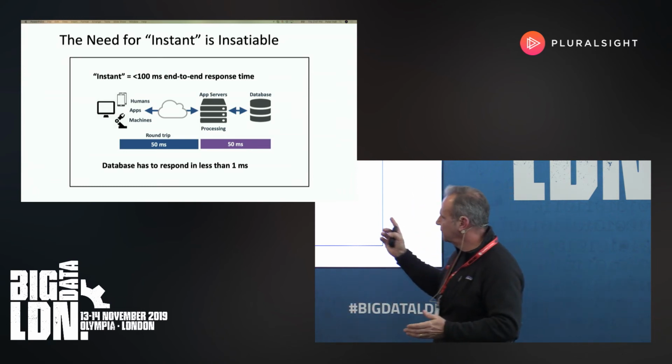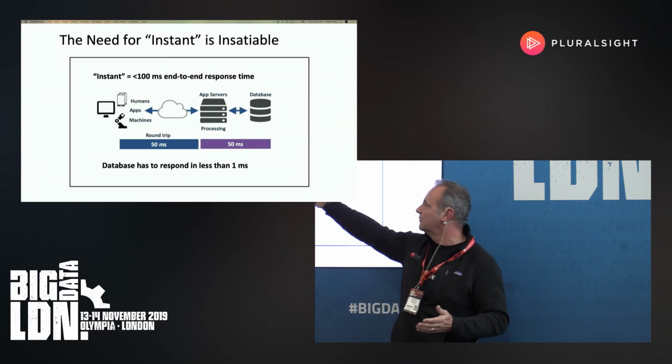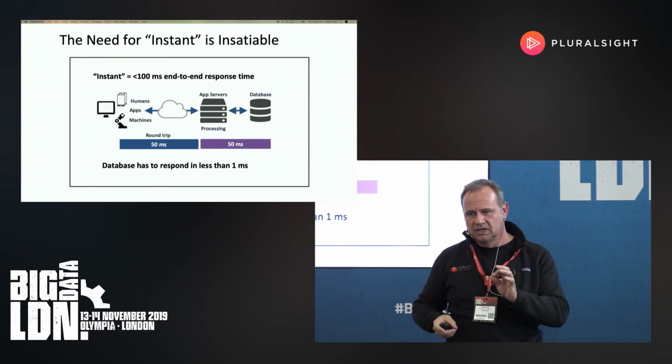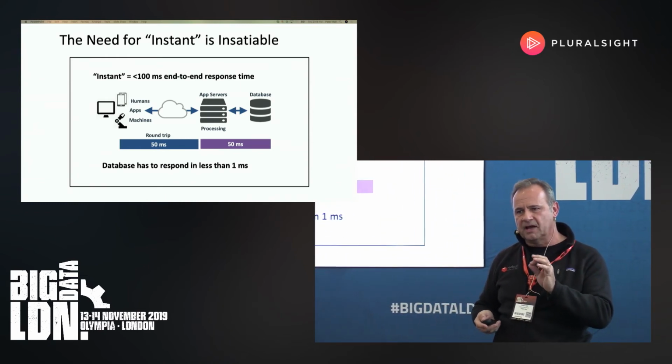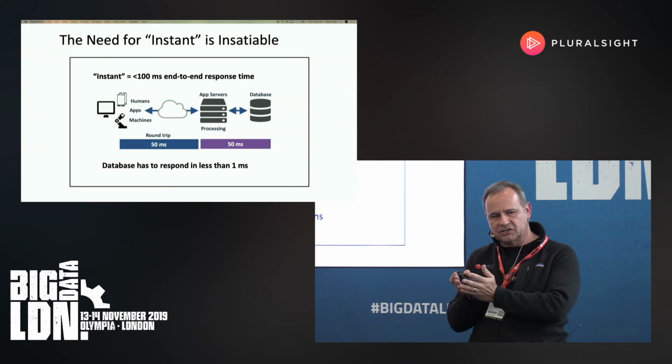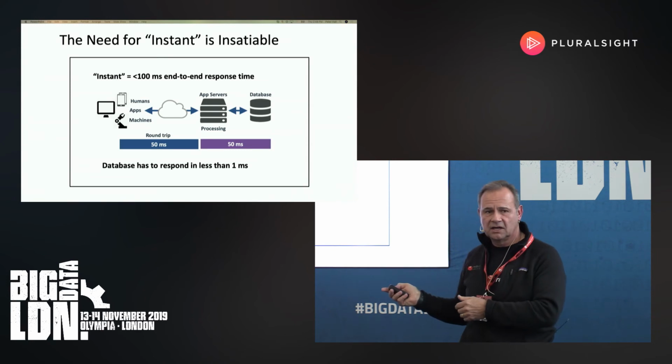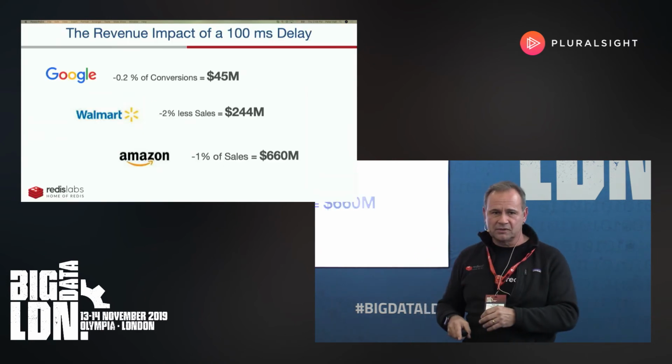So if you have a 50 millisecond round trip each time, actually your processing time is very, very small. So if you don't have a database or an application that can process very fast, you're not going to hit the 100 millisecond delay time. Why is that important?